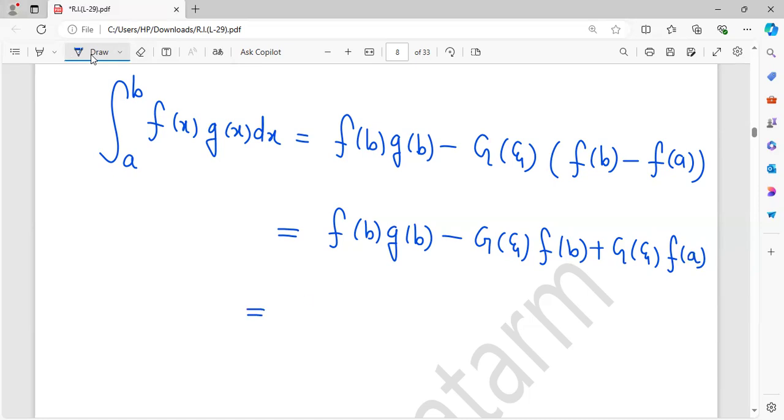Write this here, f a G xi. Now you can take f b outside. What is this? This is G b.